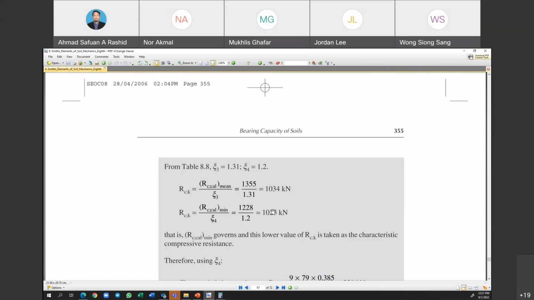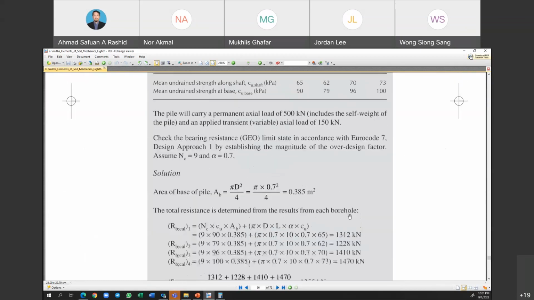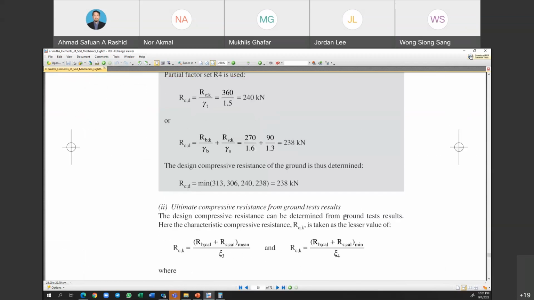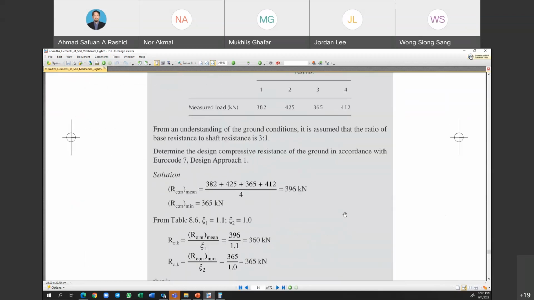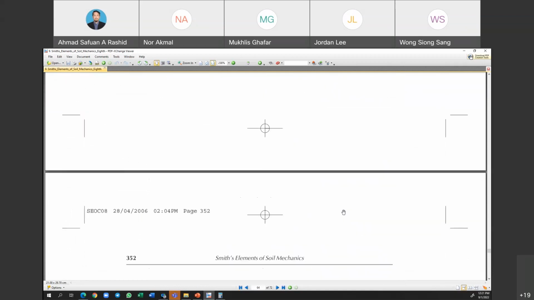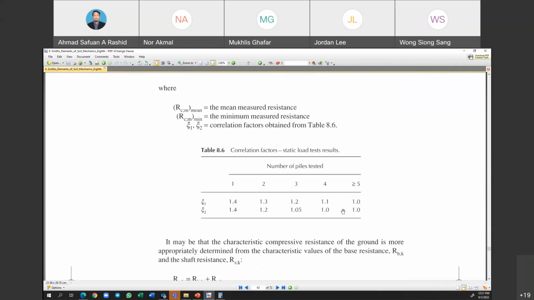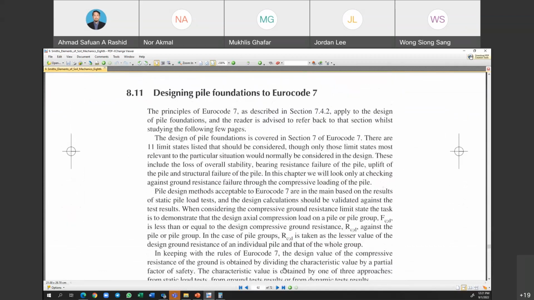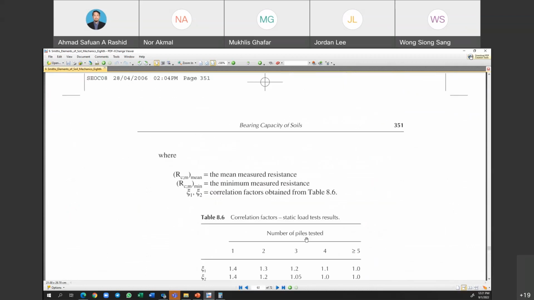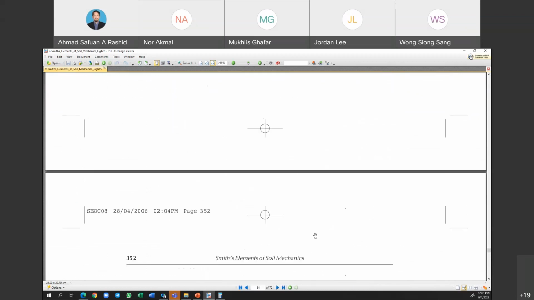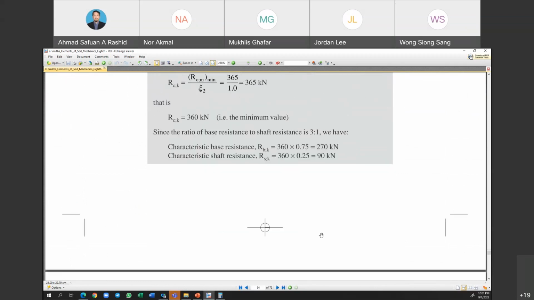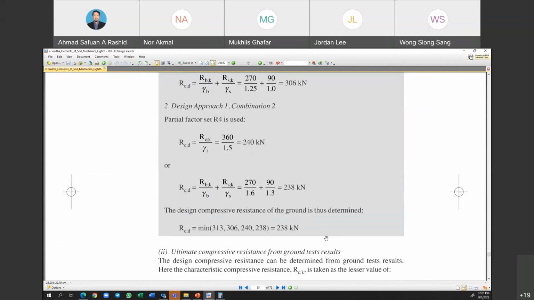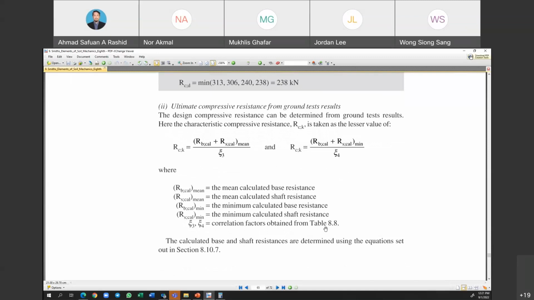But we need to refer to zeta 1, zeta 2, zeta 3 and zeta 4. Where is zeta 3, zeta 4? They only provide zeta 1 and zeta 2 here. Zeta 3 might be in a different chapter, in Table 8.8.